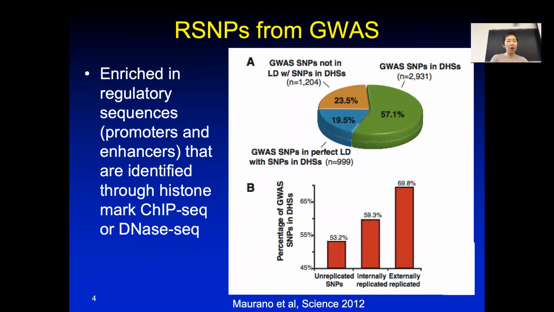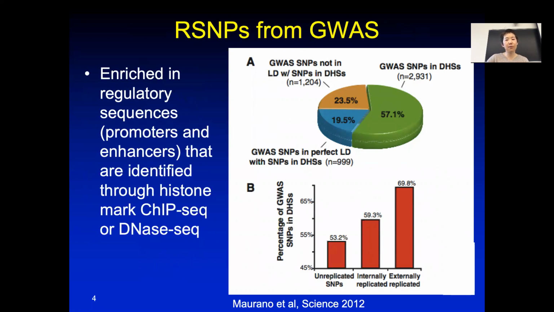You basically get the collection of binding sites, and the group who specialized in this technology also have done DNase-seq in many, many different cell types, like hundreds of cell types. And the union of all of those DNase sites pretty much gives us a quite complete set of all the potential regulatory sequences in the genome.